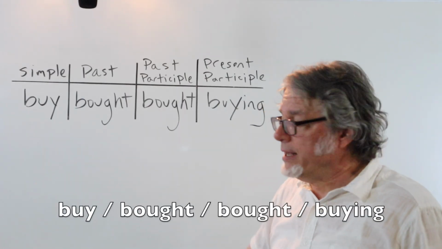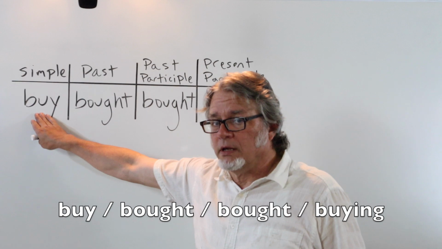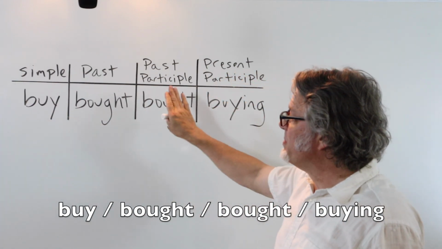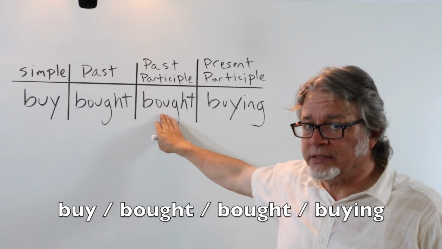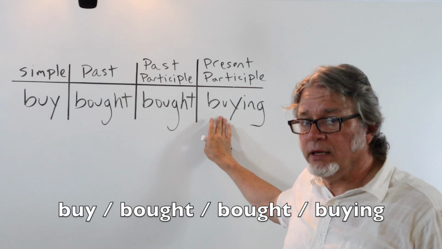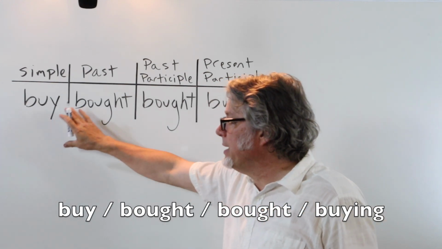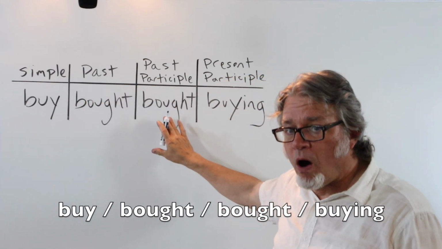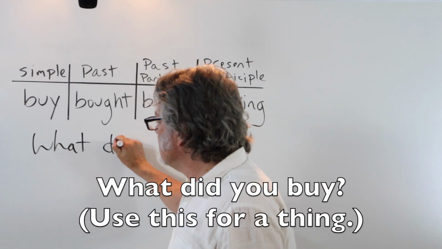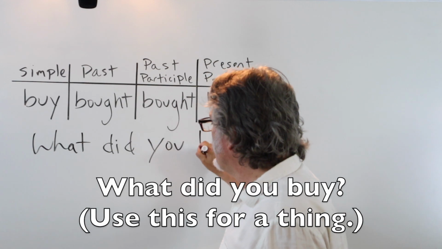Here's the verb buy in the simple form. In the past tense, it's bought. As a past participle, it's bought. And as a present participle, it's buying. Buy, bought, bought, buying. What did you buy?